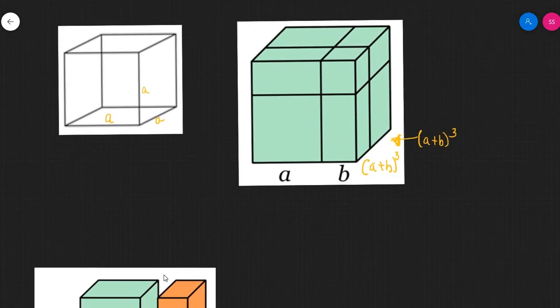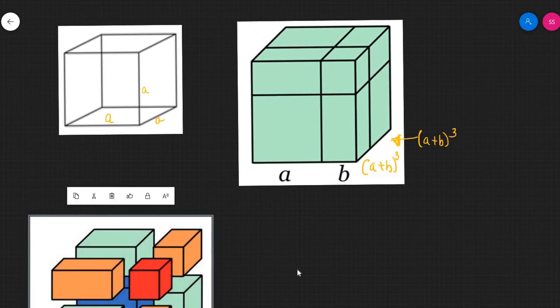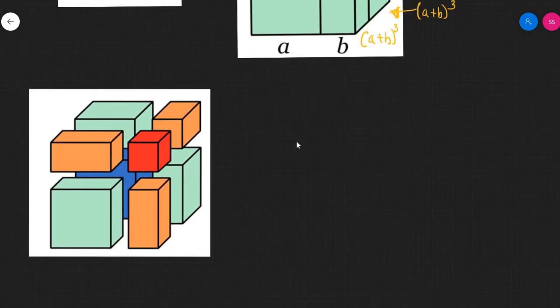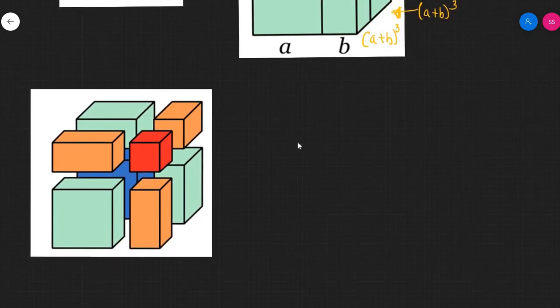So if you were to break open this cube into different parts, you can see the various parts as shown in this figure. You have this side which is a, and this is b, and this is a.